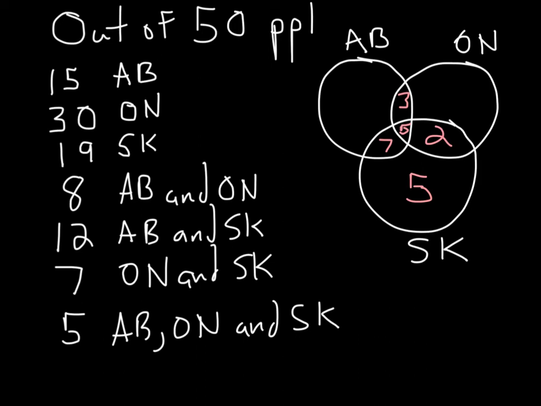Also, we can do the same thing with Ontario. So 30 people have been to Ontario, and we've already taken into account 3 plus 5 is 8, plus 2 is 10, so we're missing 20. So we know 20 people have only been to Ontario, so haven't been to Alberta or Saskatchewan.